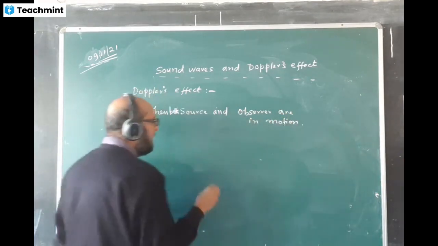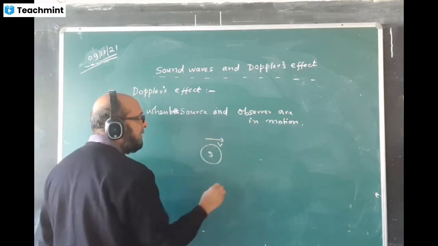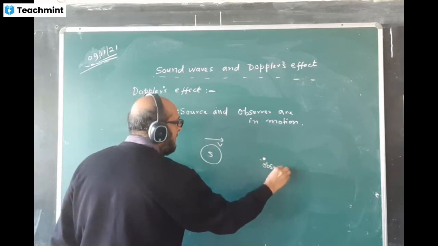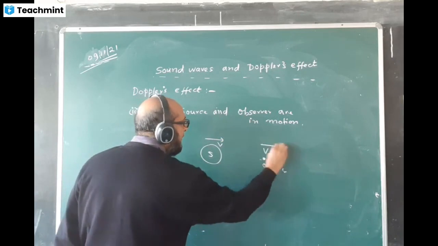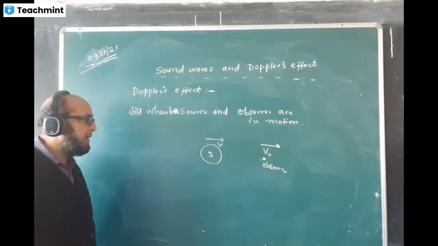Both are moving. Here is the source, which is emitting the sound of velocity v, and here is an observer, who is moving with the velocity v naught. Maybe in the same direction we are considering, but in the opposite direction you will subtract.